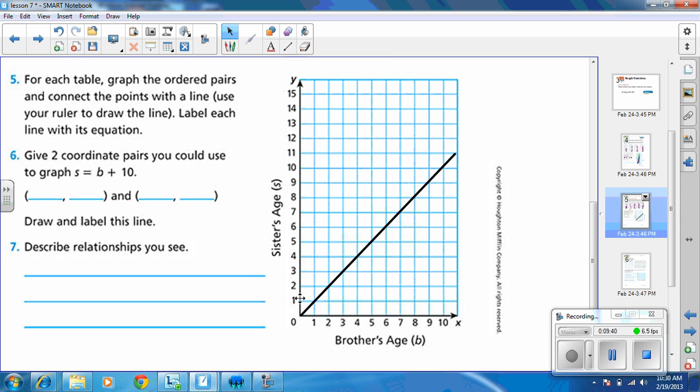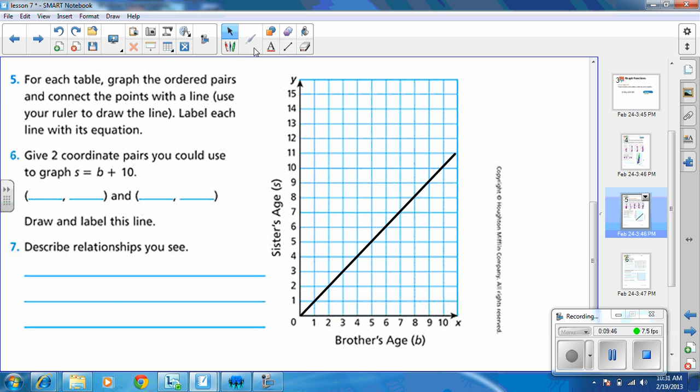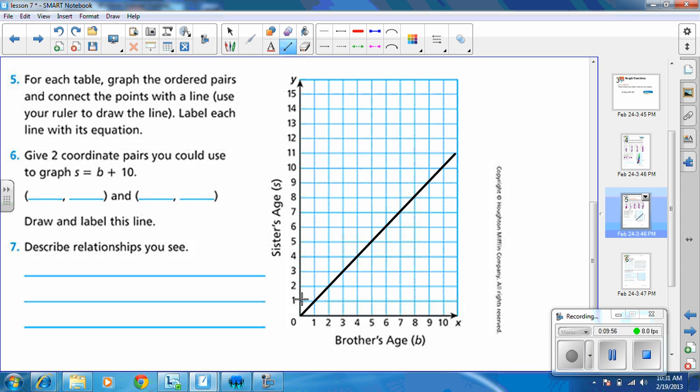Okay, 0, 1. Undo, get a line again. Sorry about that, guys. 0, 1, 1, 2, 2, 3, 3, 4, 4, 5, and so on.